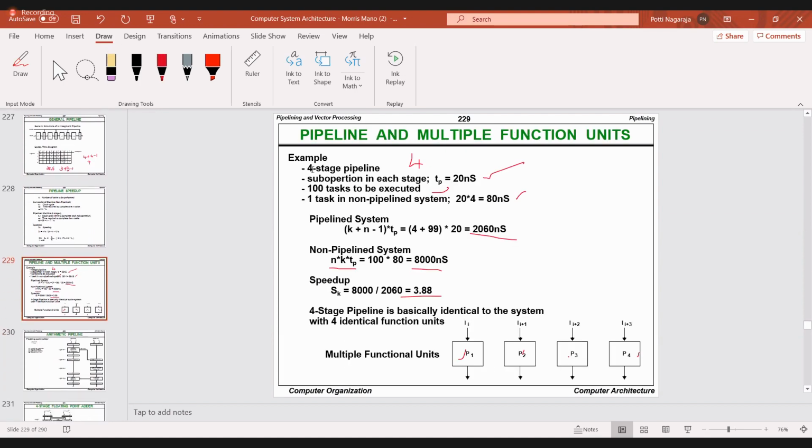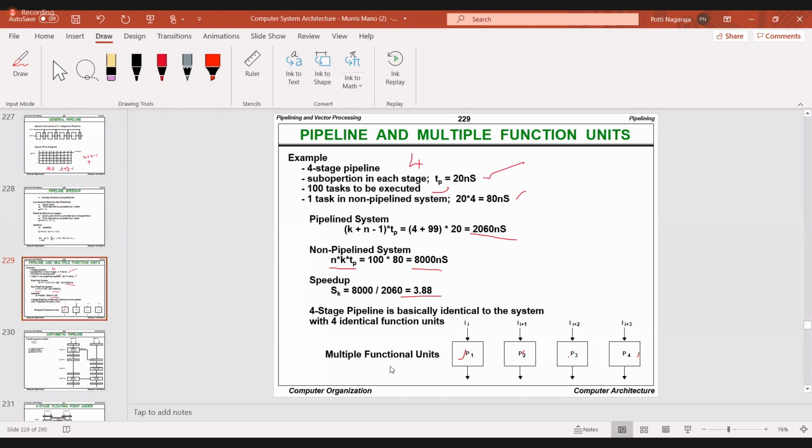Now for the 4-stage pipeline, the Tn value is 20 into 4 stages. One task is completed in 80, 100 tasks are 8000, and pipeline is 2060. The speed up is 3.88.